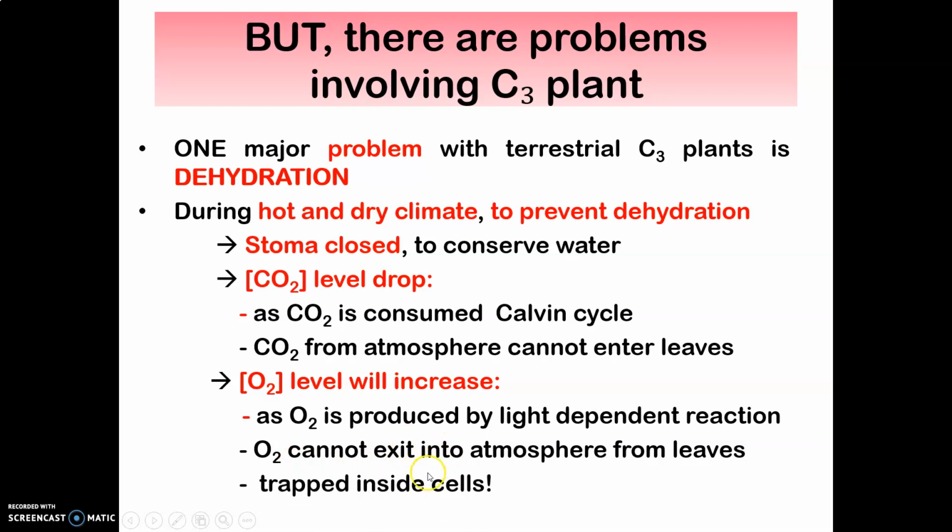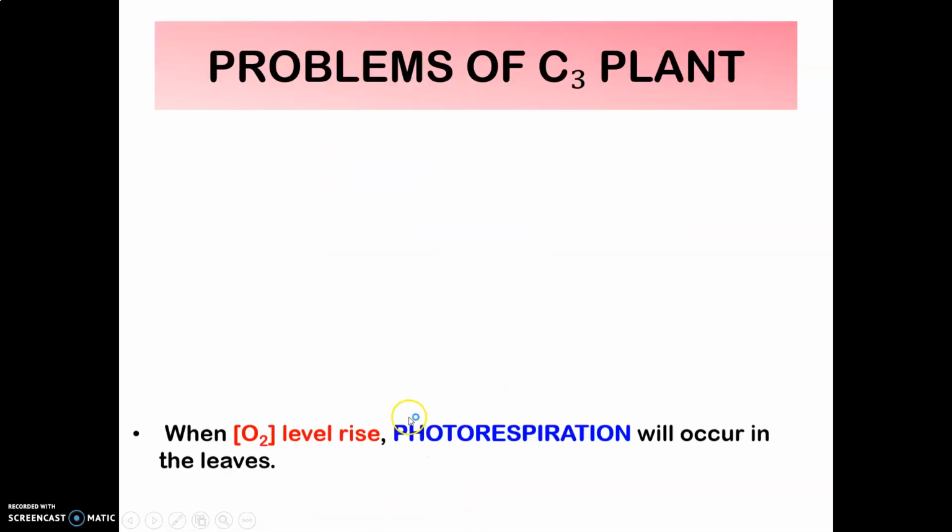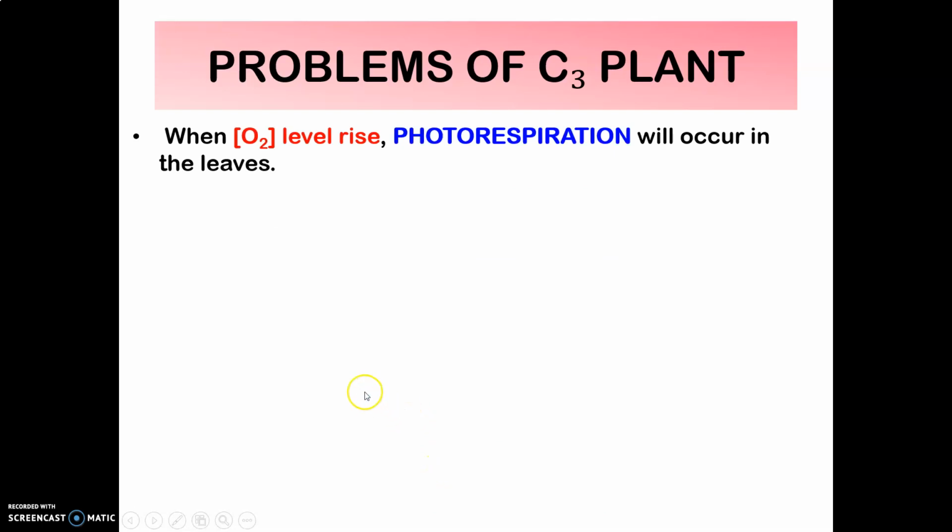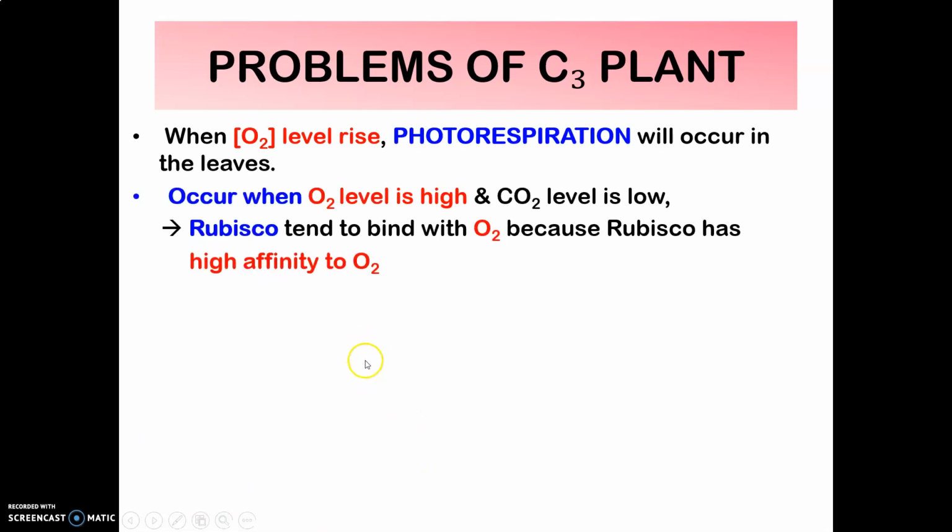Dia trapped inside the cells. So why is it problematic? Because bila oxygen level meningkat, ada satu proses yang kita panggil photorespiration akan berlaku. Inilah problem dia, sebab photorespiration ni dia akan reduce the yield of the photosynthesis.